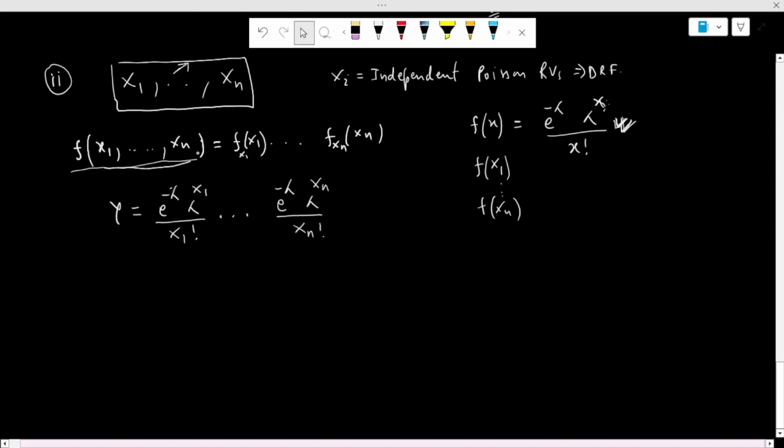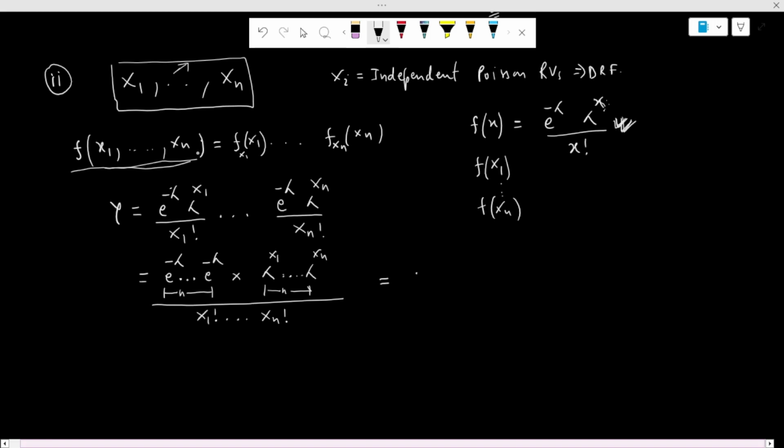Now let us collect the like terms together. So we calculated this for n number of observations, and we divide this by x1 factorial all the way to xn factorial. So here we have multiplied e to the power minus lambda n number of times.